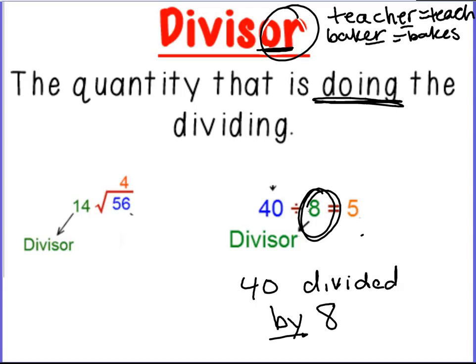When you're looking at a division problem in equation form, that number that's right after the division symbol is the divisor. In long division, the divisor is on the outside. If it's in fraction form, 40 over 8, the divisor would be on bottom.